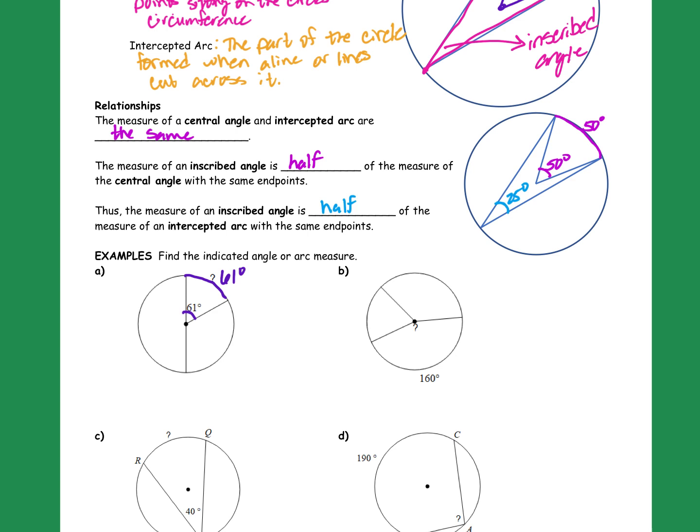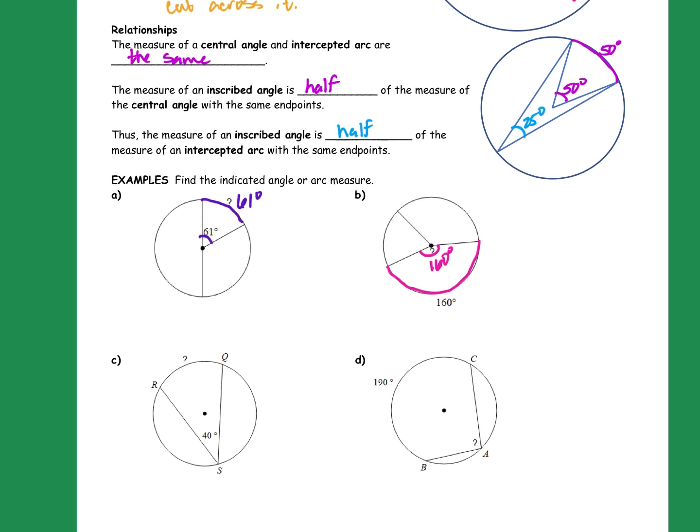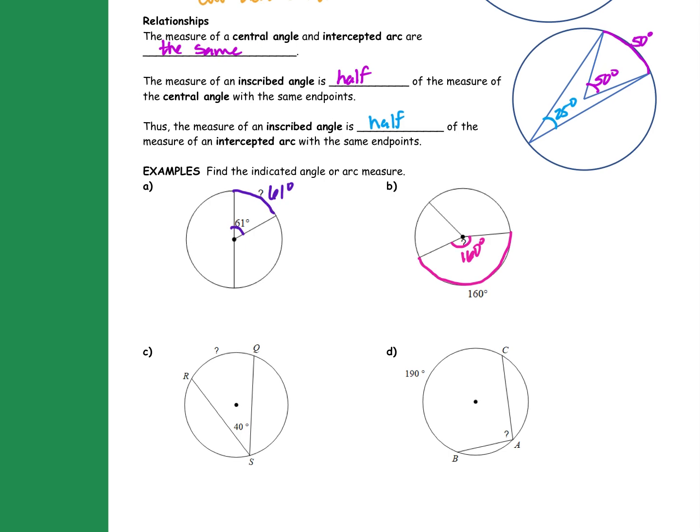Because they're the same, right? So on B, here we go. If I know this arc measures 160 degrees, what's the measure of my central angle? 160 degrees. Pretty easy, right? Not too bad. Okay, now we're going to get a little bit harder. Just a tad.